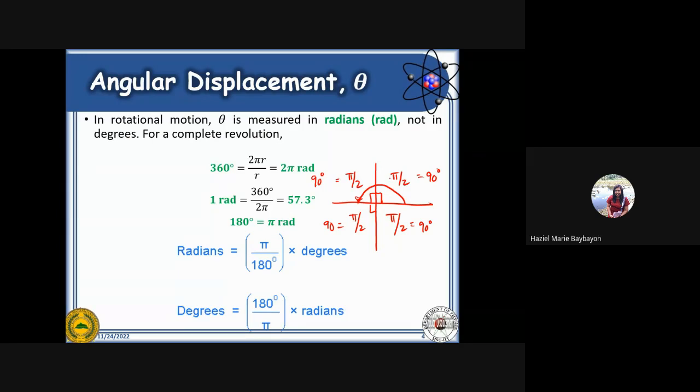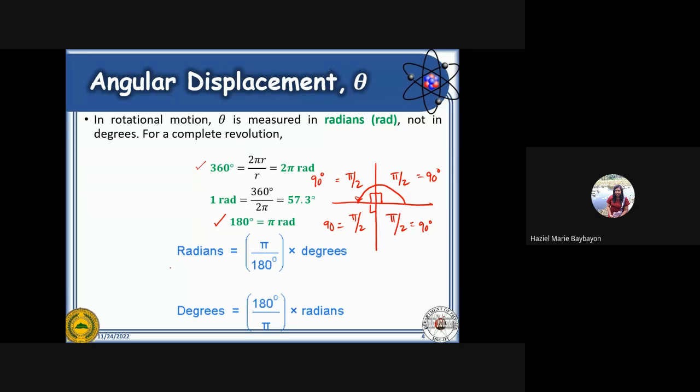Pi over 2 plus pi over 2 is pi. And then, ang 360 degrees also is equivalent to upat ka pi over 2. So, 4 times pi over 2, that is equivalent to 2 pi. So, pariharan ni sila. Kung gamiton ninyo 180 degrees equals pi radians as conversion factor, you will get the same answer if you will use 360 degrees equals 2 pi rad.